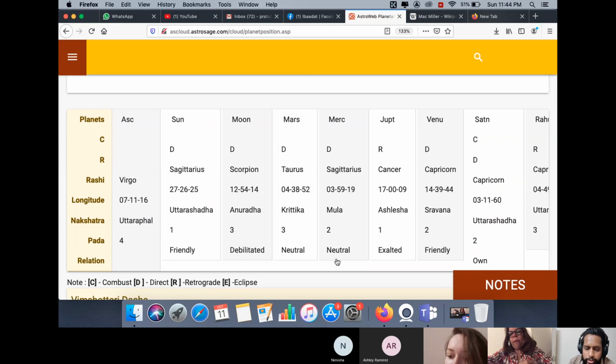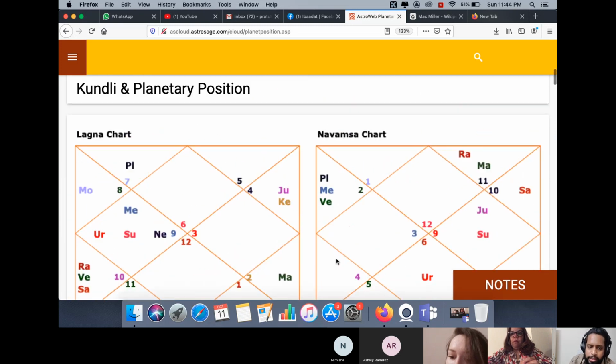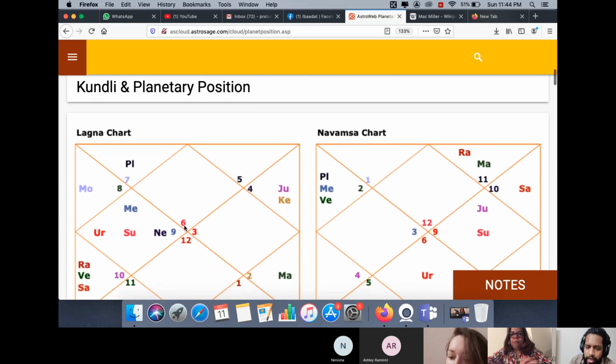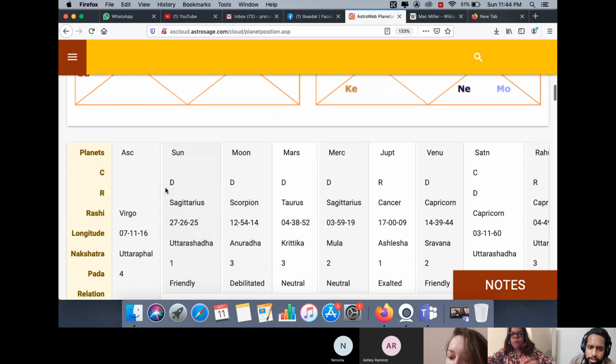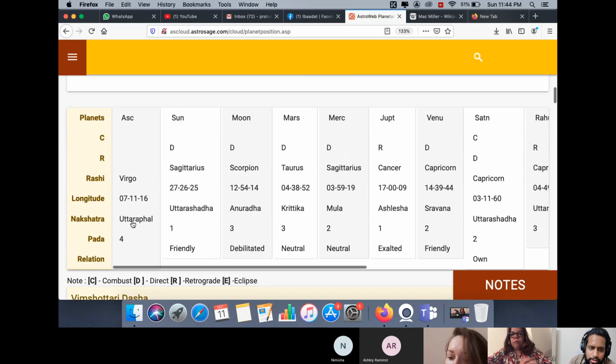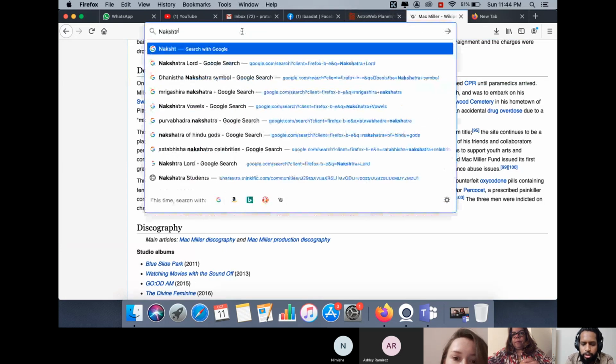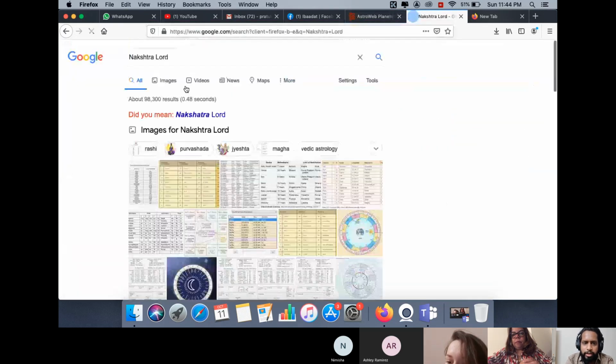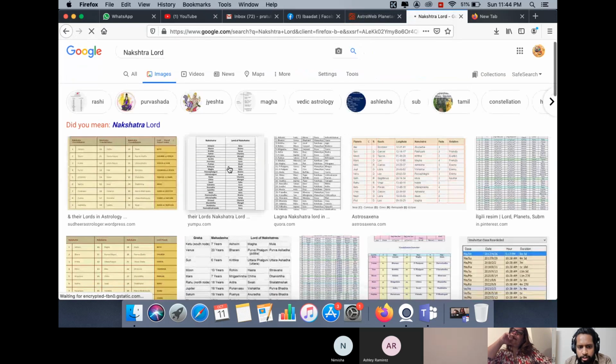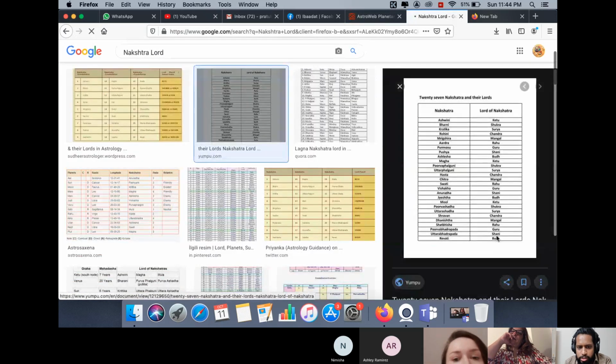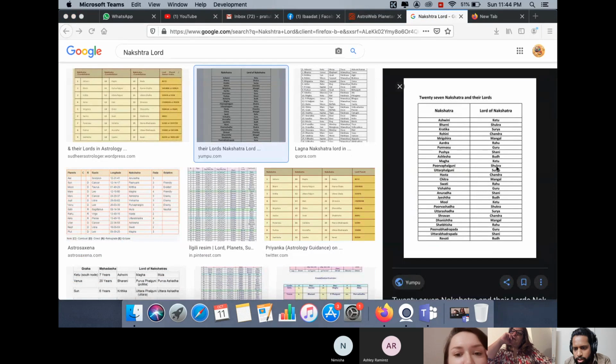So Nimisha, this is the technique to see the purpose of your life. The first step is to see which ascendant nakshatra you have. In this case, she has ascendant nakshatra Uttara Phalguni. If you go to the nakshatra lord table on Google, you will easily find a lot of images there. You can easily find the rulers. You will see that Uttara Phalguni is ruled by Surya, that means Sun.